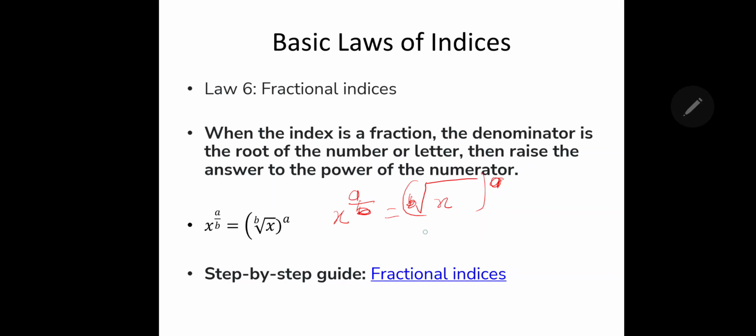For example, if you have 2 raised to the power 1 over 2, this is the same as the square root of 2, with the 1 as the power. In mathematics, square root is not written like this, so you end up writing square root of 2. Anything raised to the power half is square root.